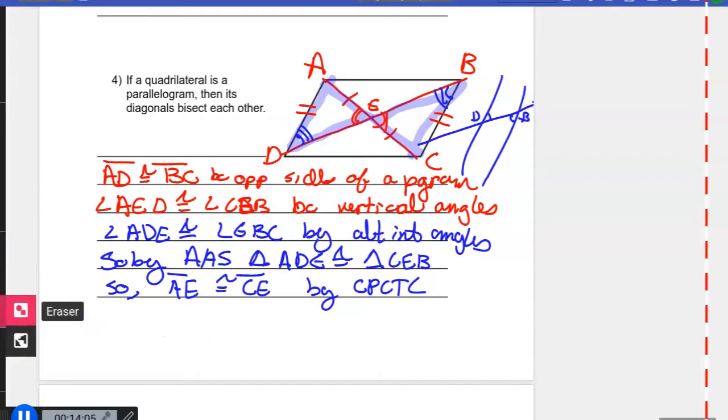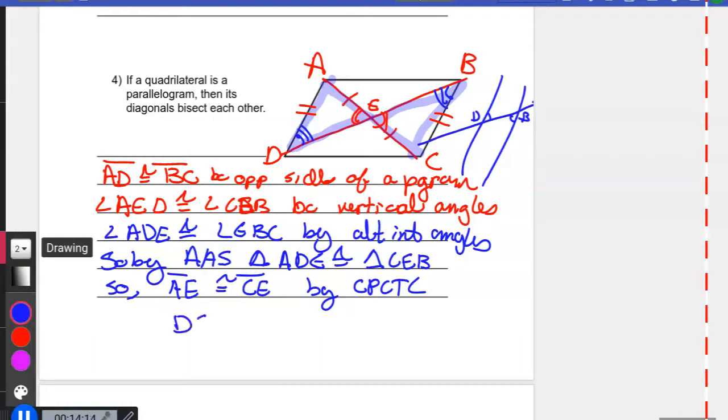So again, by CPCTC, AE is EC, but also DE and BE are congruent. Okay. So just by giving those two triangles to be congruent to each other, we were able to pull out both sets of diagonals and say that they had to be congruent to each other.